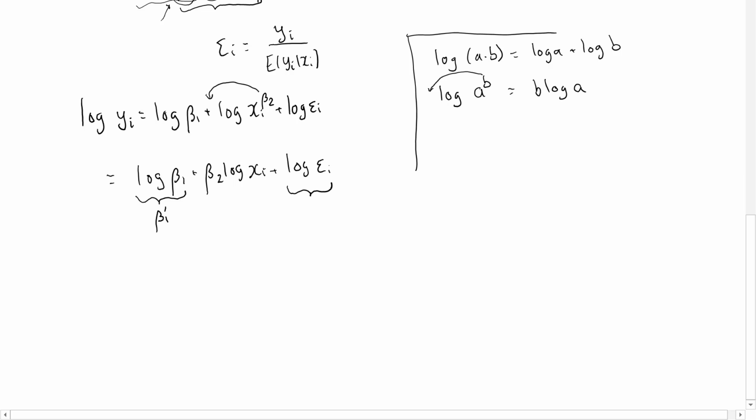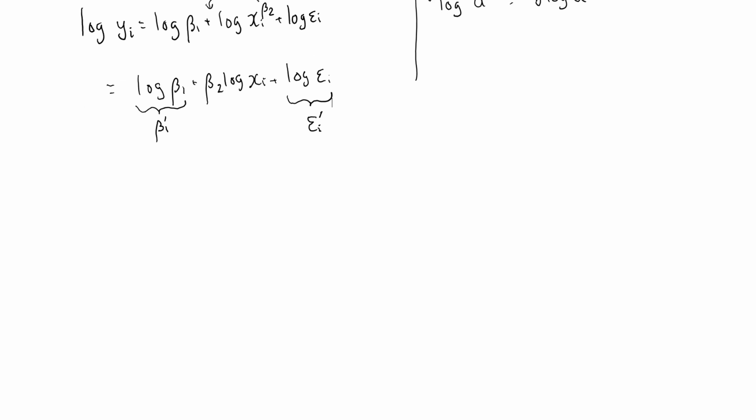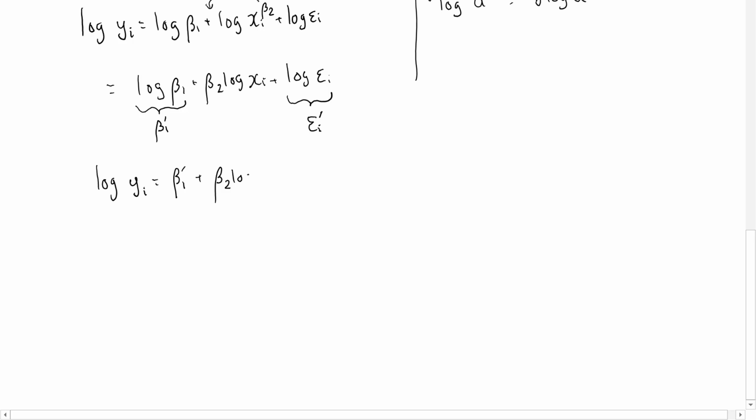Epsilon I is an error term that can only take positive values, so taking a log of it is okay. This will simply be a new error term that we call epsilon I prime. So put this all together, we have log of yi equal to beta 1 prime plus beta 2 log of xi plus epsilon I prime.